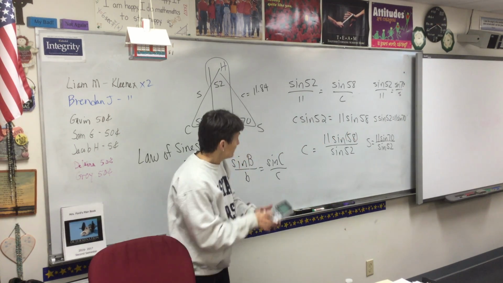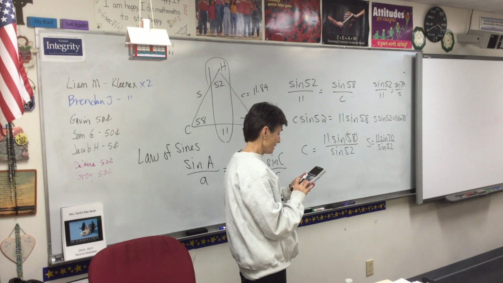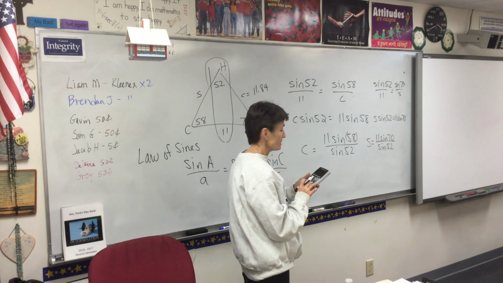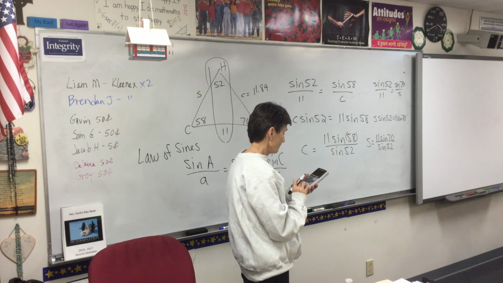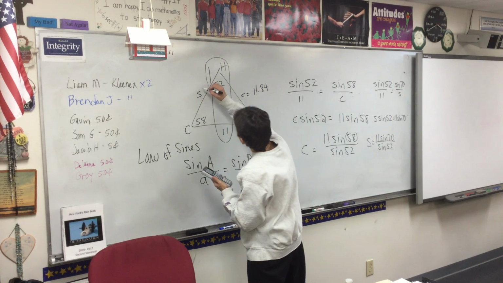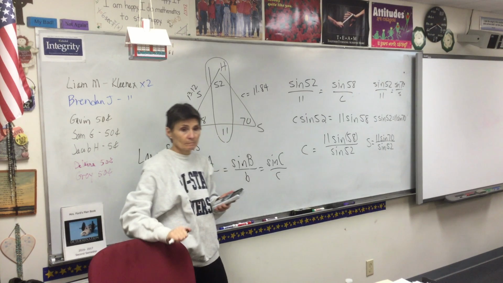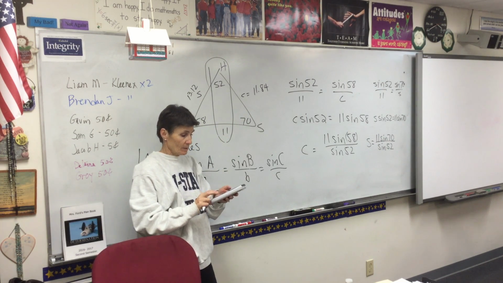And we'll type that in. 11 sine 70, close parenthesis, divided by sine 52. I got 13.12. Did you?